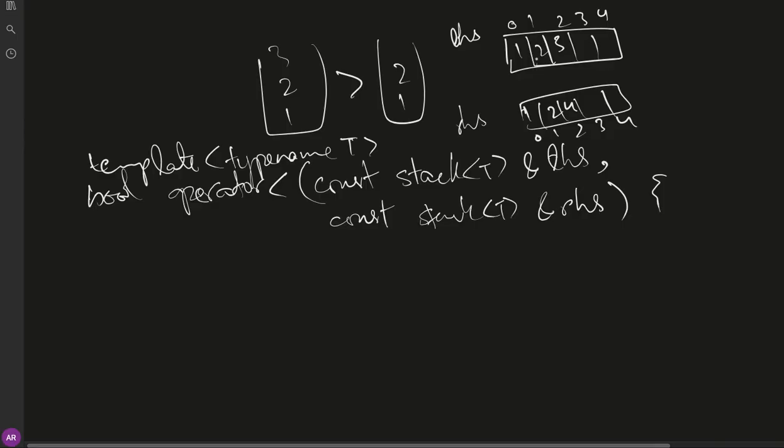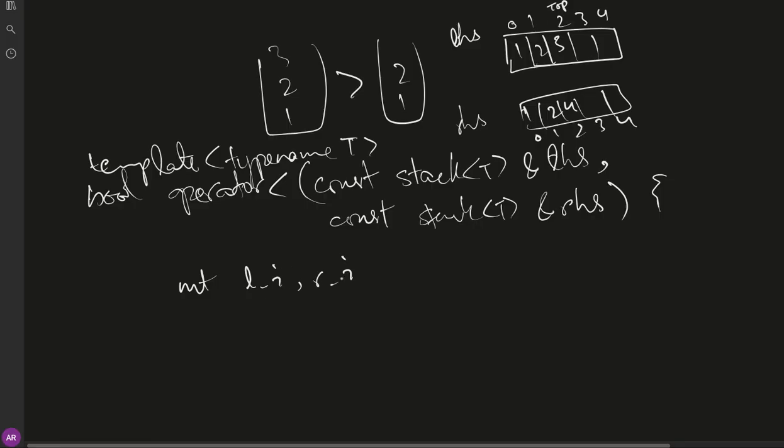Now we have to compare the values one by one, starting from the 0 index going till the top indexes. So we take two indexes, let's say left index and right index, right?